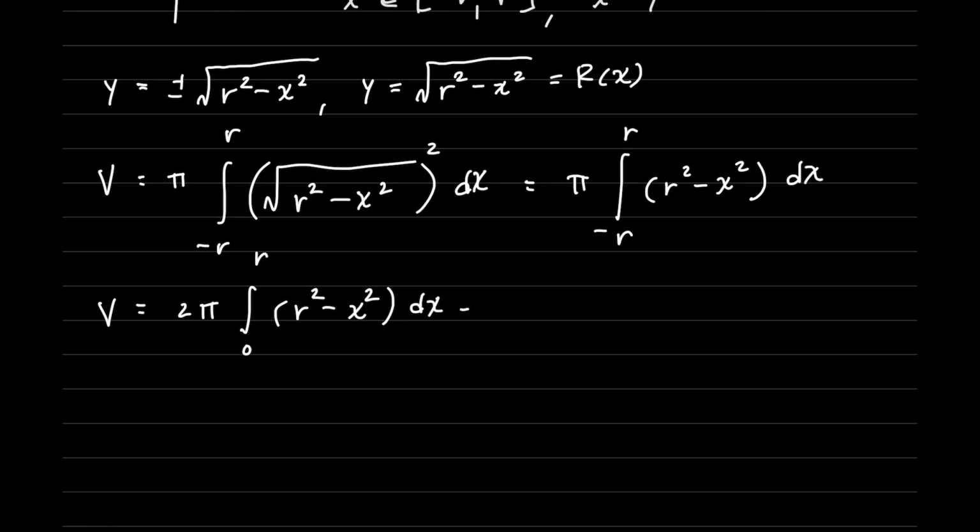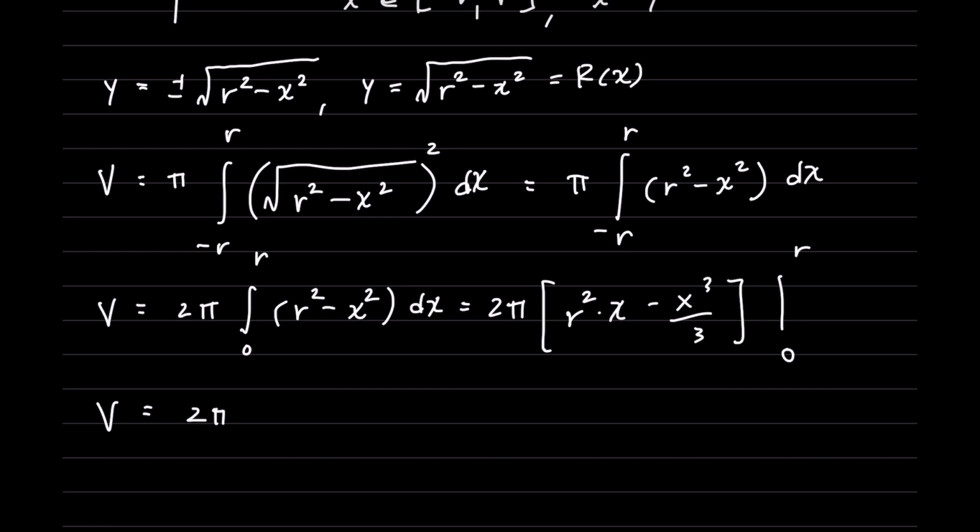So we're going to have 2 pi, integrating with respect to x, r squared times x minus x cubed over 3, and that's evaluated from 0 to r. So the volume equals 2 pi times r squared times r minus r cubed over 3.